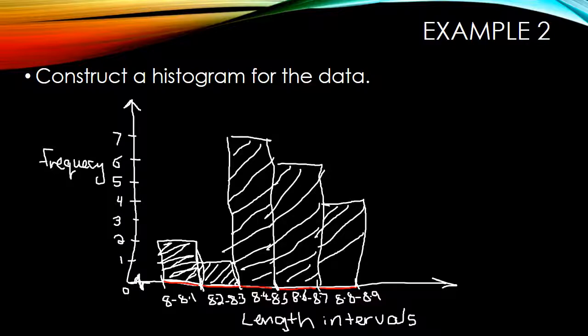So I have 2 in the first bin, 1 in the second bin, 7 in the third bin, 6 in the fourth bin, and 4 data points in the last bin. And this is how you construct a histogram. These bars should touch each other because each bar represents a bin or an interval, a specific number of data points in each interval.